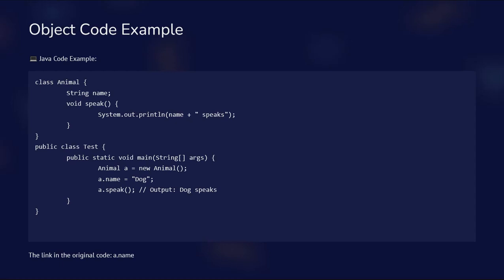Here is a simple Java code example. Animal is a class, name is a variable, and speak is a method of the Animal class. Now we have another class, Test.